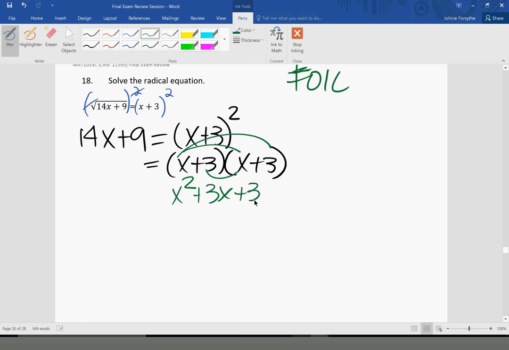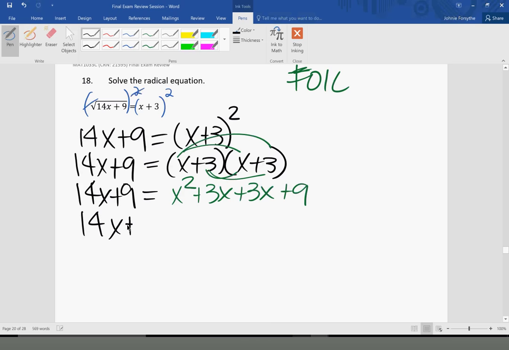Inner, 3 times x is 3x. And last, 3 times 3 is 9. Okay, so now I have 14x plus 9 equals. Let's combine like terms. So we have x squared plus 6x plus 9.